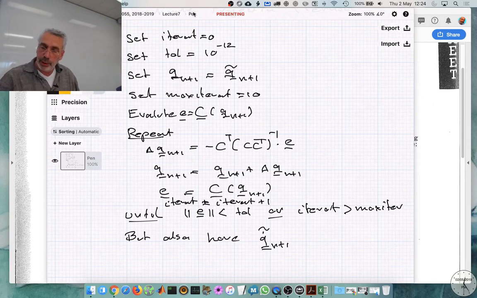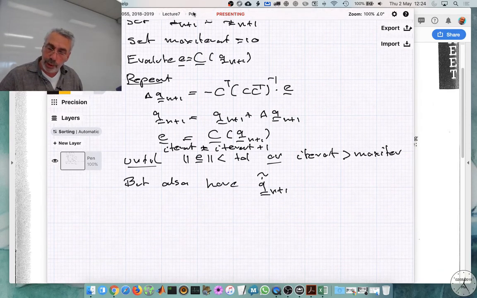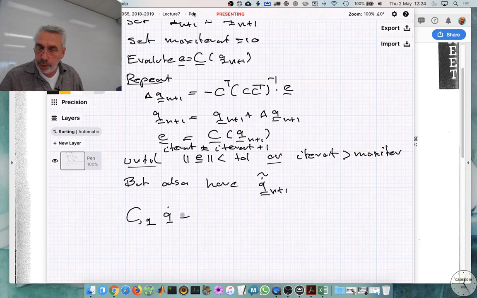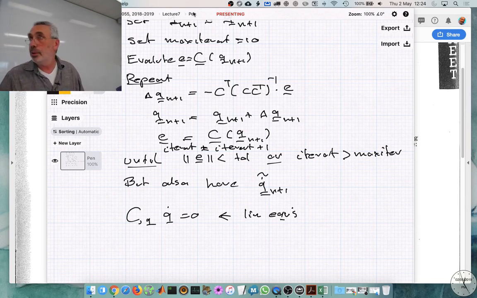The process is identical, but for the iterations, because this is a constraint problem, but our constraints on the velocity are C_q times q dot is 0. And these are linear equations. And for linear equations you have a one-step solution. So it's just one step, and then bang, you have your delta q dots, and then you add it, and that's just a one-step solution.